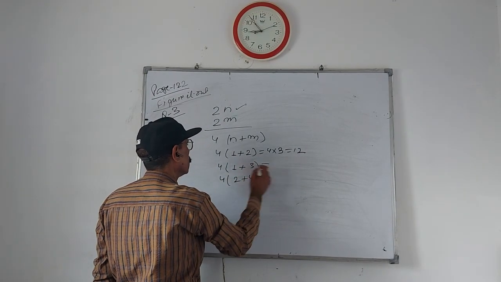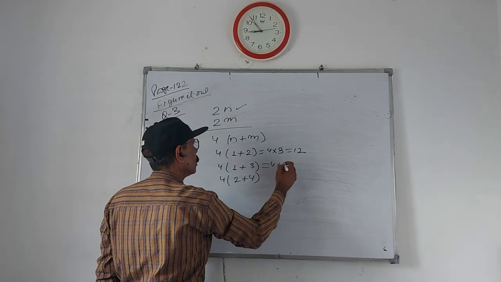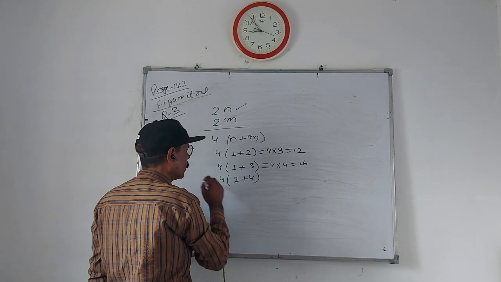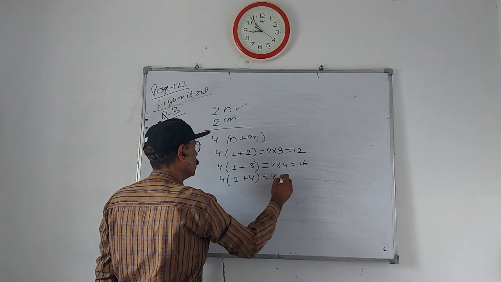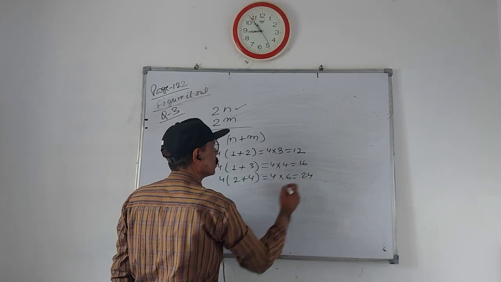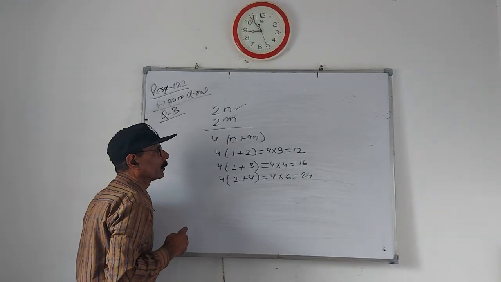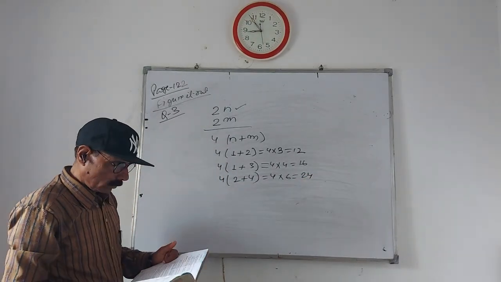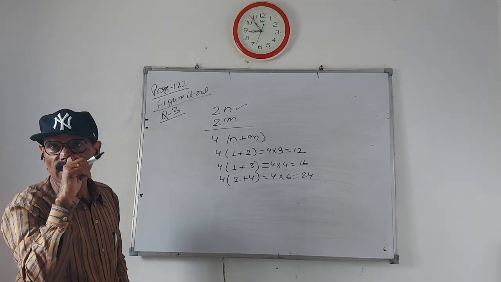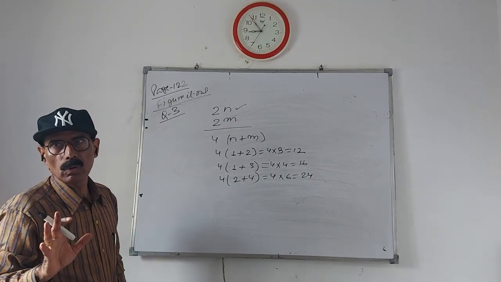Now check. This is 4 into 4, 16. Is this number a multiple of 3 for all numbers? No. Sometimes true.